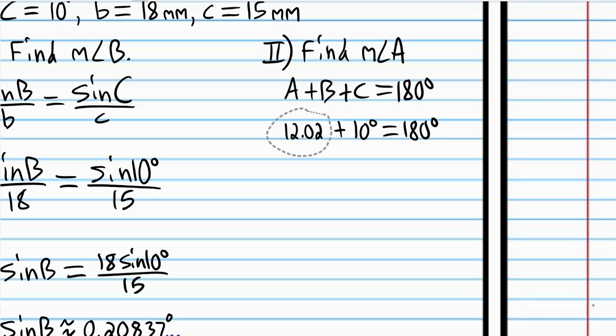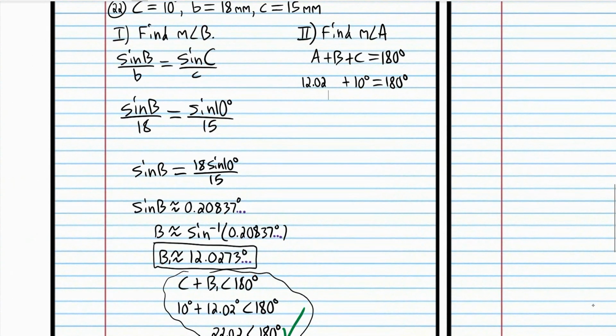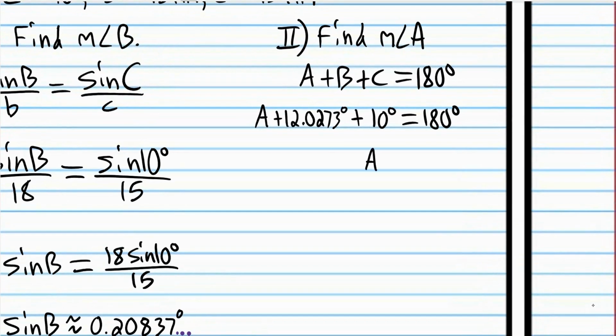And that number should still be in your calculator, 12.0273 approximately, and we're looking for A. We're going to subtract 12.0273 from 180 and subtract 10 from that, and we see that the measure of angle A is going to be approximately 157.9727 degrees.